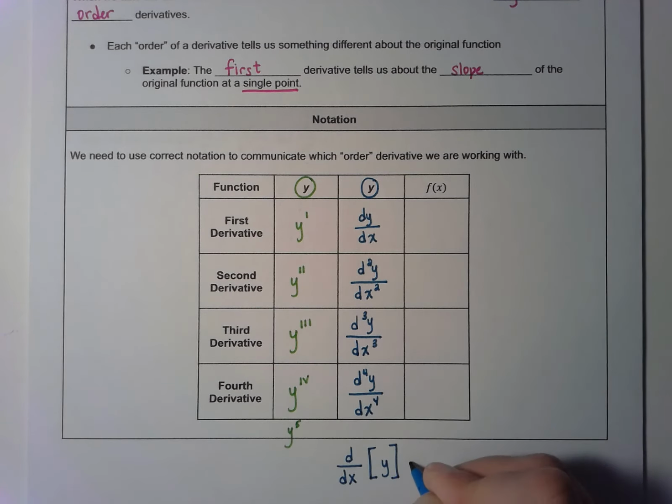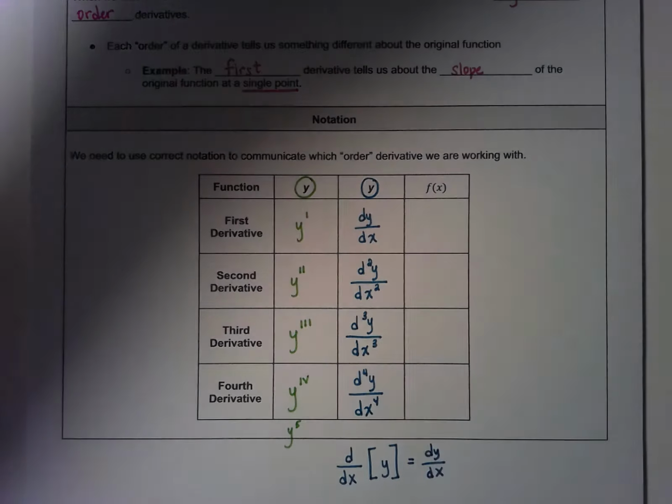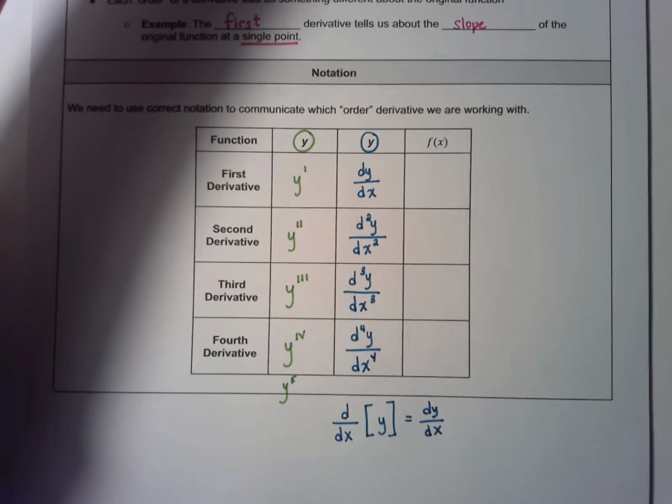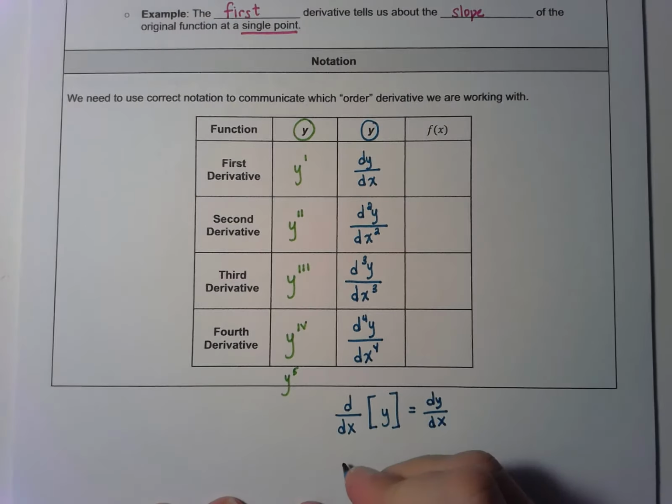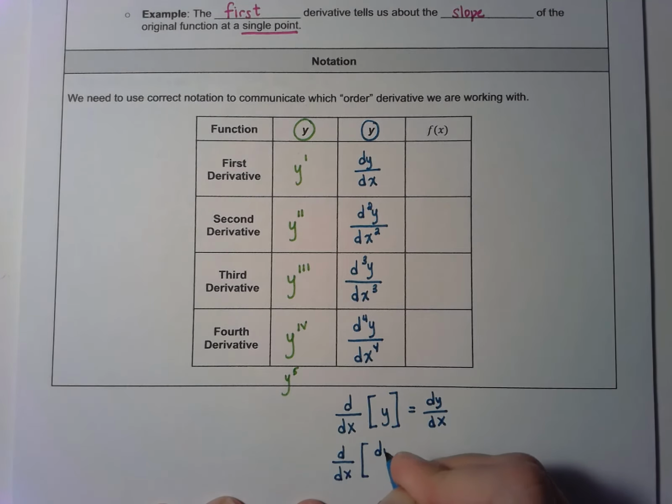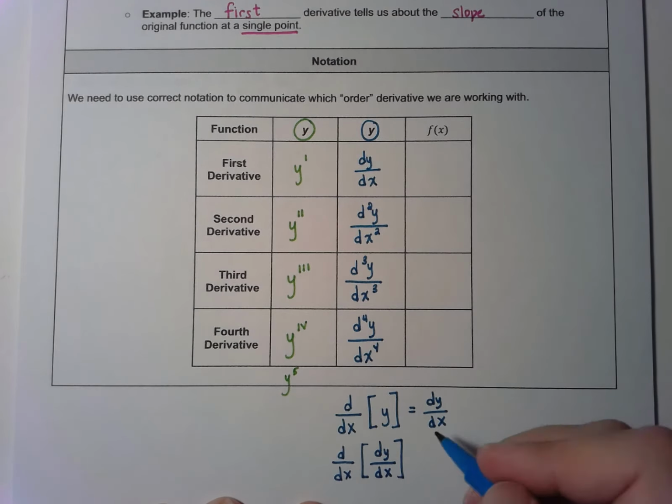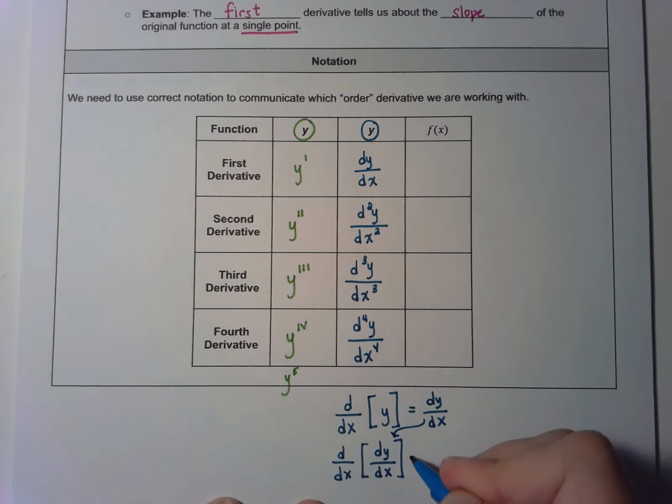And when you take the derivative of y, that's how we come up with the notation dy over dx. If you use that same process again here, if we do d over dx of dy over dx, so now we're going to find the second derivative, which means we're taking the derivative of this again.